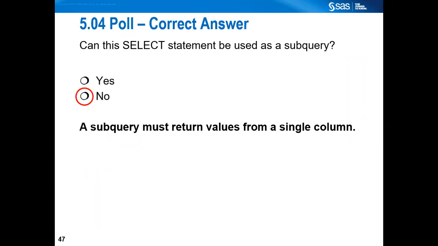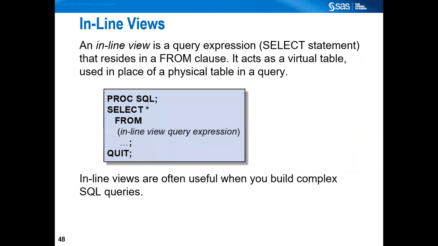So this is what it's telling now. Hence, we can use this query as an inline view. An inline view is a query expression which you write as a select statement. Query expression means obviously your select statement that resides in a from clause. It acts as a virtual table used in place of a physical table in a query.